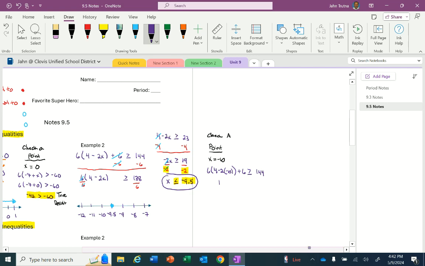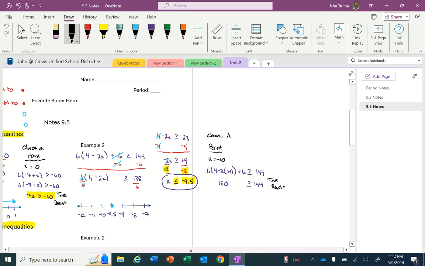When I work this out, I get 150 is greater than or equal to 144. That is a true result. I just typed it into my calculator exactly as I wrote it, and I got 150, which is greater than or equal to 144.